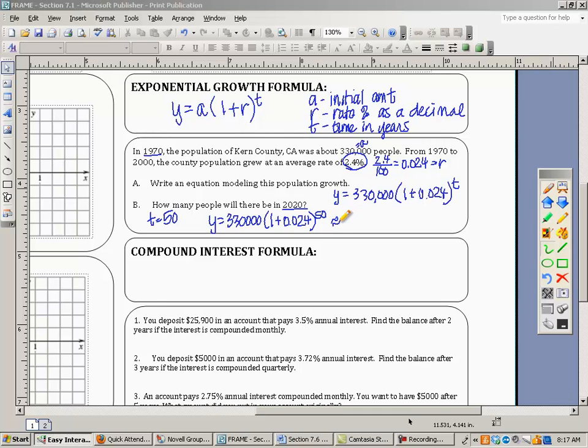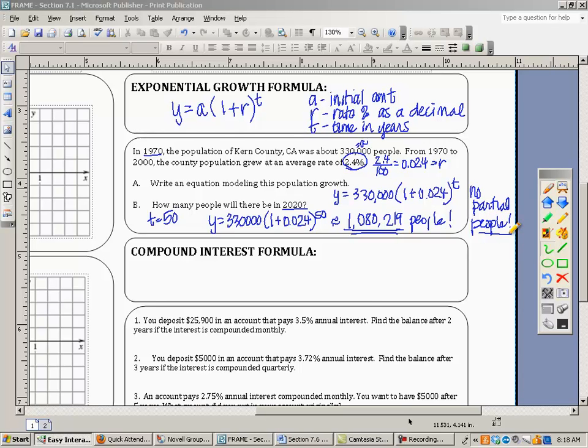You stick that in your calculator. What you should find is you get about 1,080,219 people. Now, biggest thing, you need a whole number because you cannot have partial people.